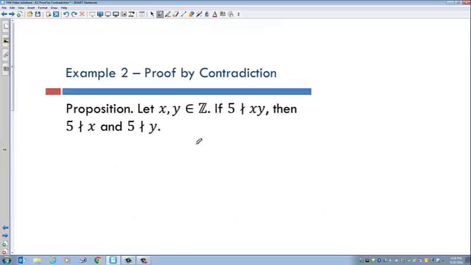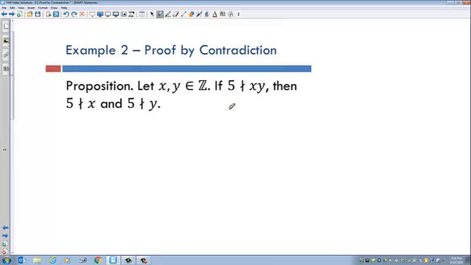All right, so here's another example we did in the last video when we proved this by the contrapositive. So how do we do this? Again, we're going to let x and y be integers, and we'll assume 5 does not divide xy, then 5 does not divide x, and 5 does not divide y.